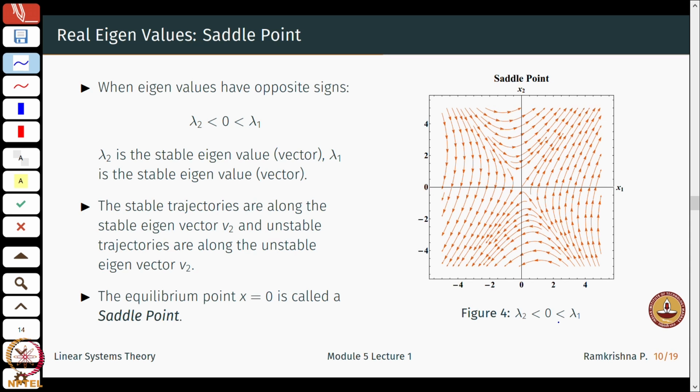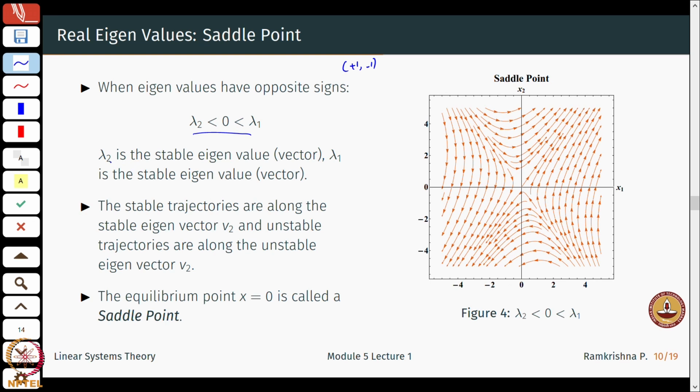Interesting things happen when we have eigenvalues which are real but have opposite signs, say plus 1 and minus 1. Of course, this would correspond to an unstable system.